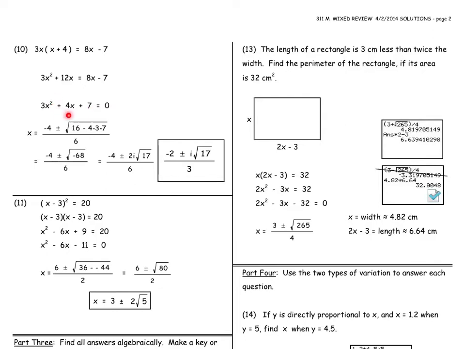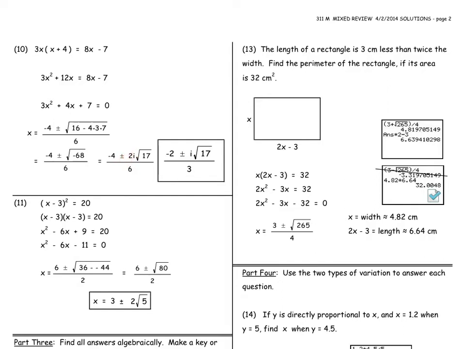I change the sign of b, plus minus big square root. I squared b to 16, minus 4 times a times c gave me 84, and 16 take away 84 is negative 68. Because I had a negative 68, I ended up with an i. 68 is 4 times 17, which is where the 2 came from, square root 4.